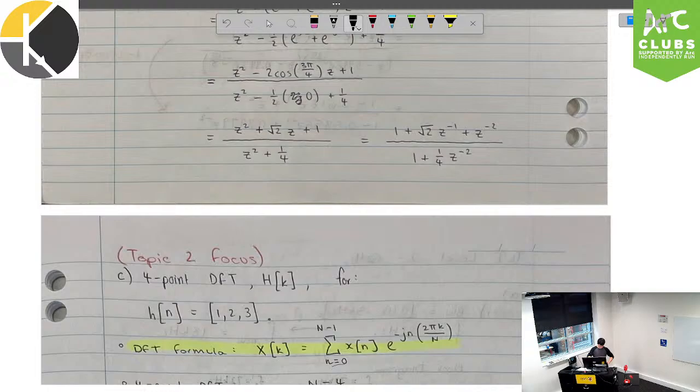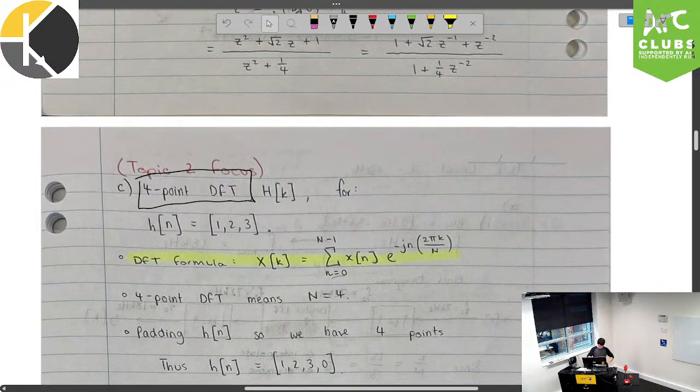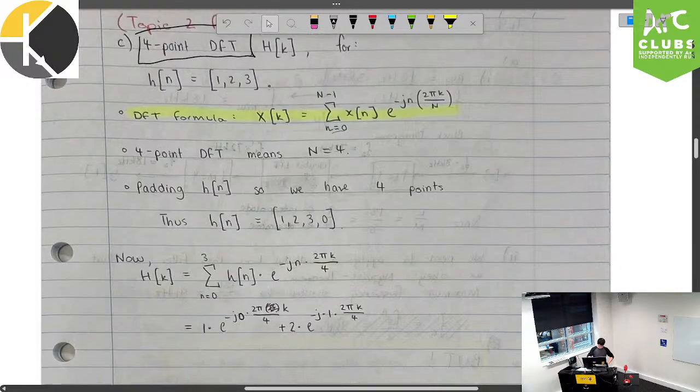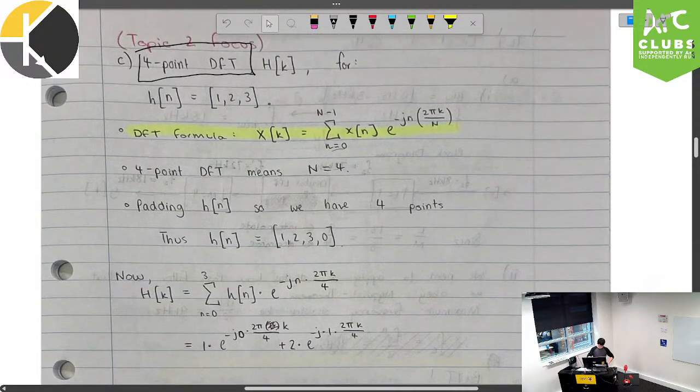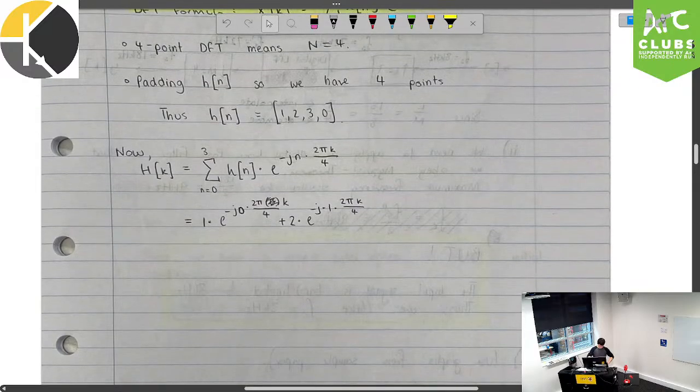And let's just keep on moving. So, given that it is a 4-point DFT, we just need to do N is equal to 4. We plug in our function h(n), we perform it, and we get 3 of them. Okay?